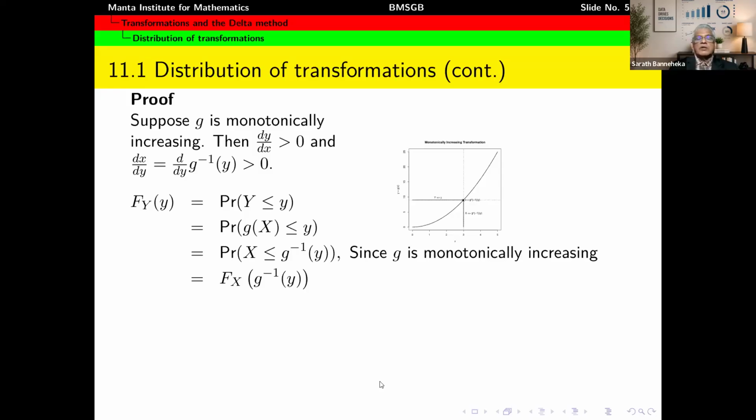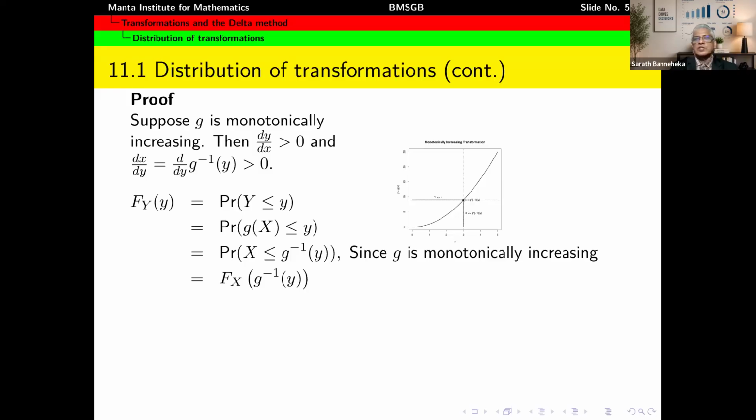Now let us derive the cumulative distribution function of capital Y first, and then from that we can get the density function of Y. By definition, the cumulative distribution function of capital Y, denoted by F subscript capital Y, evaluated at a real value small y, is equal to the probability that capital Y, the random variable, is less than or equal to this real number small y.